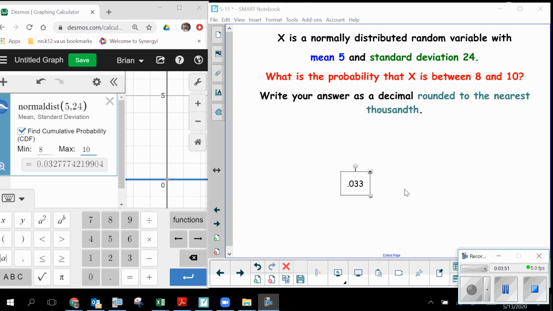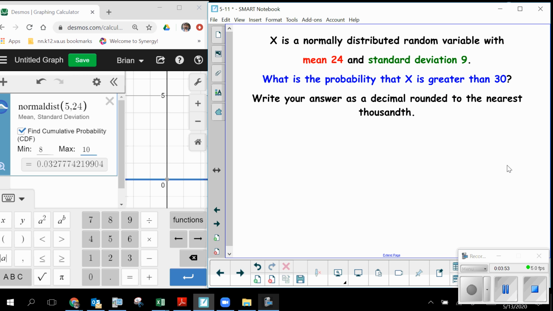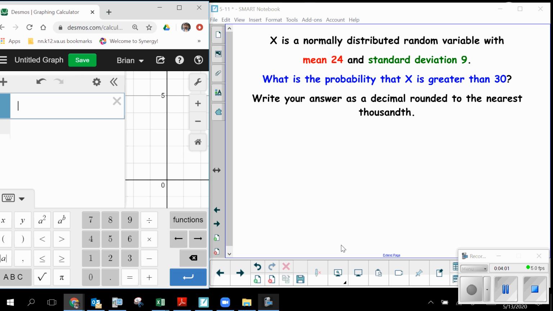For this next example, we're going to look at finding a range that's greater than something as opposed to in between. So let's start this over from the beginning just so we can run through the whole process again. Our problem says x is a normally distributed random variable with a mean of 24 and a standard deviation of 9. What is the probability that x is greater than 30? Write your answer as a decimal rounded to the nearest thousandth.